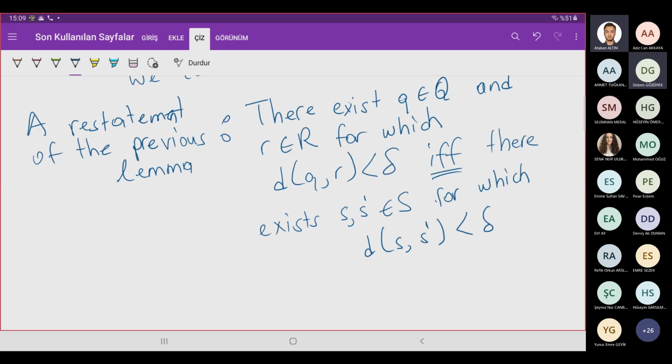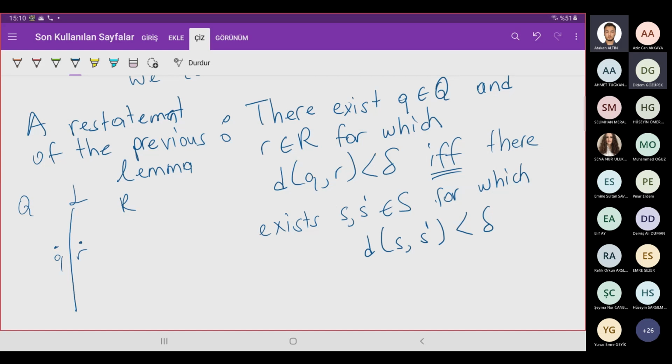So that actually says that, okay, I have a line L and I have this region Q and region R. There exist points whose distance is less than delta if and only if in S, and S is the set of points in P within delta of this line L, there are points for which the distance between them is less than delta, okay?